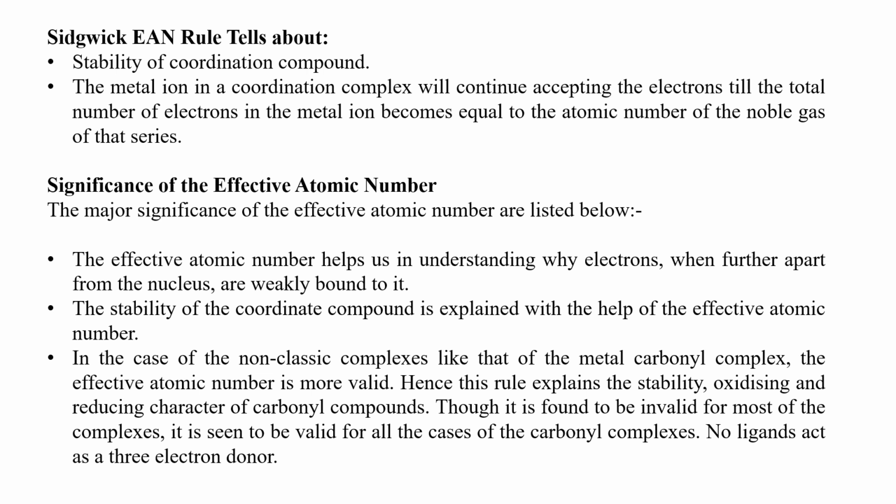The metal ion in a coordination complex will continue accepting electrons till the total number of electrons in the metal ion becomes equal to the atomic number of the noble gas of that series. So if you're looking at coordination complexes, the coordination number varies from metal to metal. Some metal ions bind with just one or two ligands, accepting only one or two pairs of electrons, and some go above that, to 4, 6, etc.